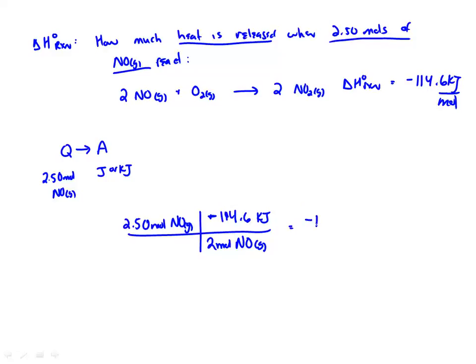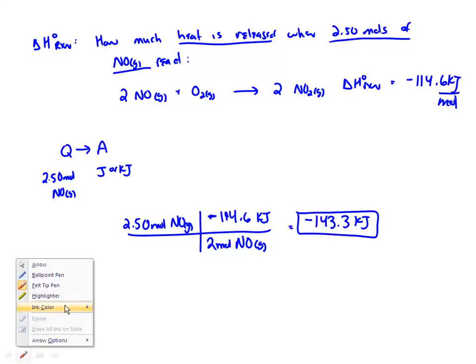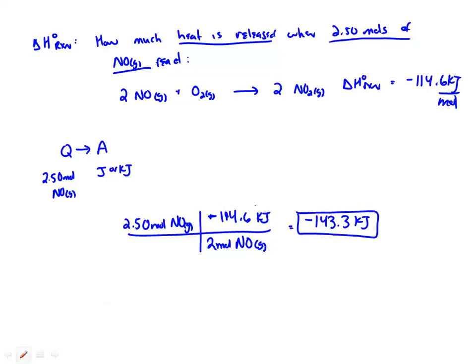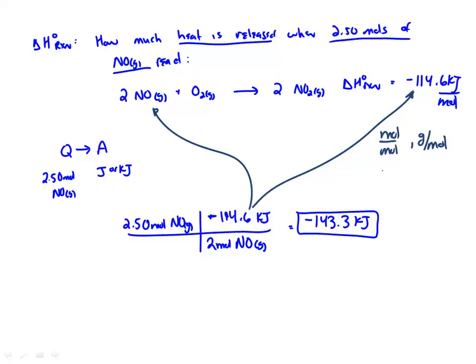And so we get minus 143.3 kilojoules. So what we want to realize is that this value depends on the number of moles written in that reaction. It's almost like having a mole-to-mole ratio, or like having our molecular weight, grams to mole. We can now have a kilojoule to mole ratio. So it's just one more conversion factor that's thrown into our chemical reactions.